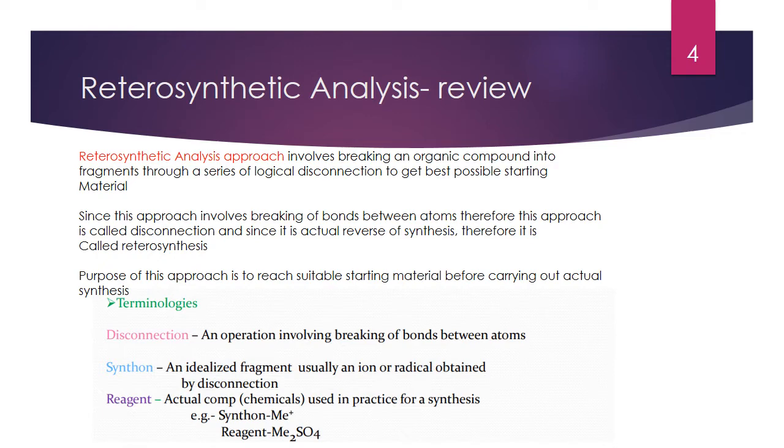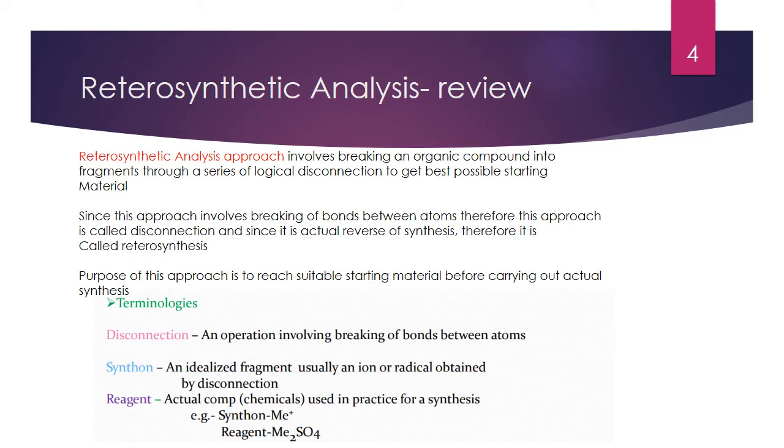So we are imagining that we are disconnecting the bonds between atoms of a product to reach a suitable reactant. The second important term used in retrosynthesis is the synthon. A synthon is an idealized fragment, usually an ion or radical, obtained by disconnection.